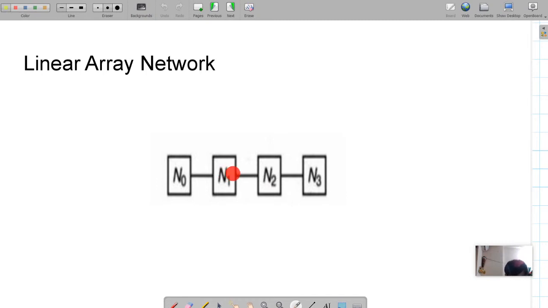Just as an example, look at processor N1. It is directly connected to two other processors. So the degree of N1 is 2. The linear array has each node connected with 2 neighbors.